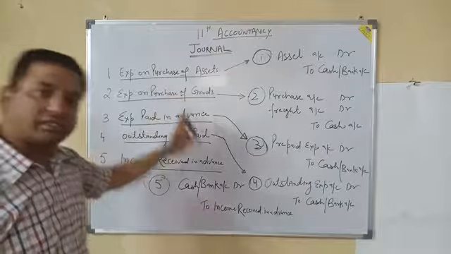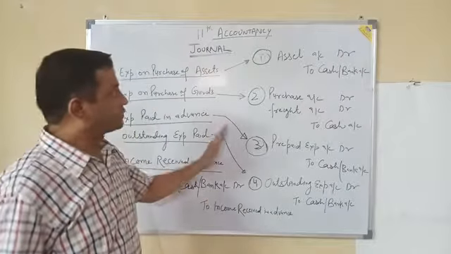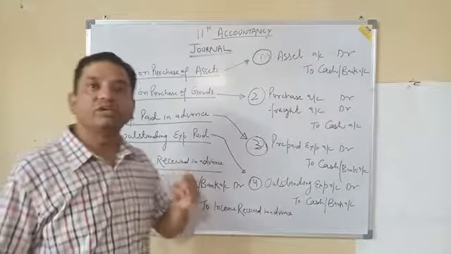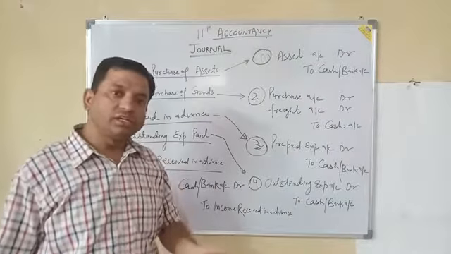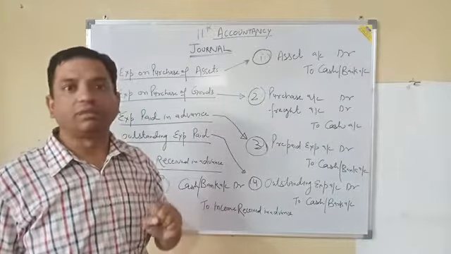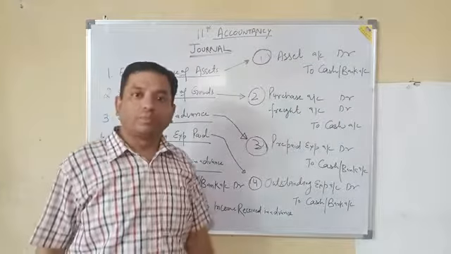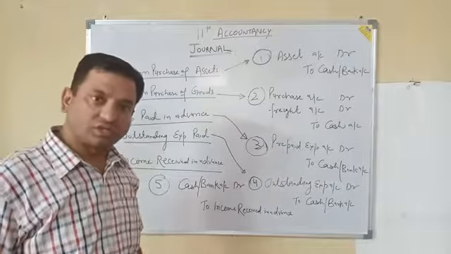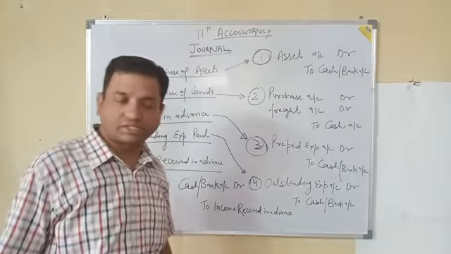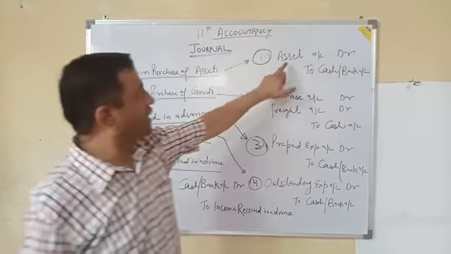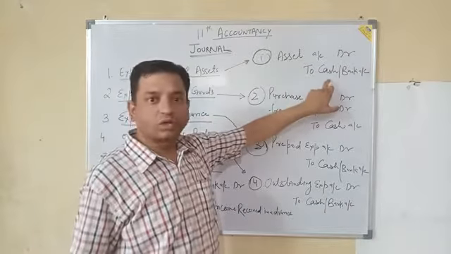Whenever any asset will be purchased, all the expenses incurred in order to purchase that asset will never be shown separately. These will become the part of that asset, because all the expenses incurred in connection with the purchase of the asset or installation of the asset or erection of that asset will become the part of the asset, and the entry for that will be asset account debited to cash or bank.